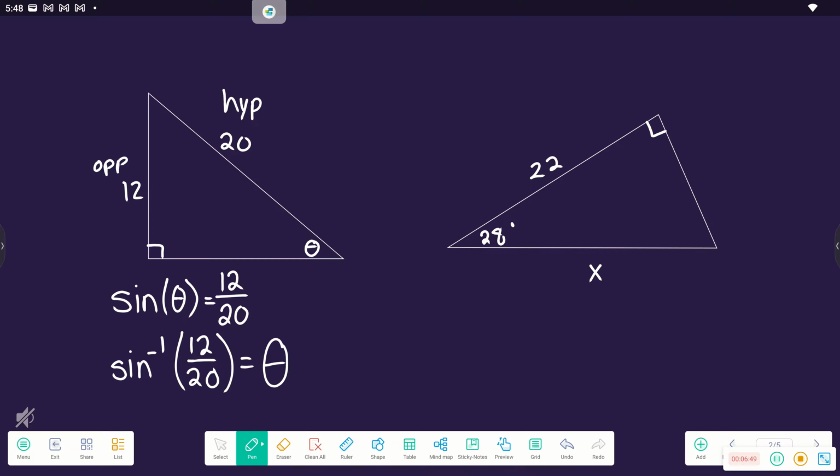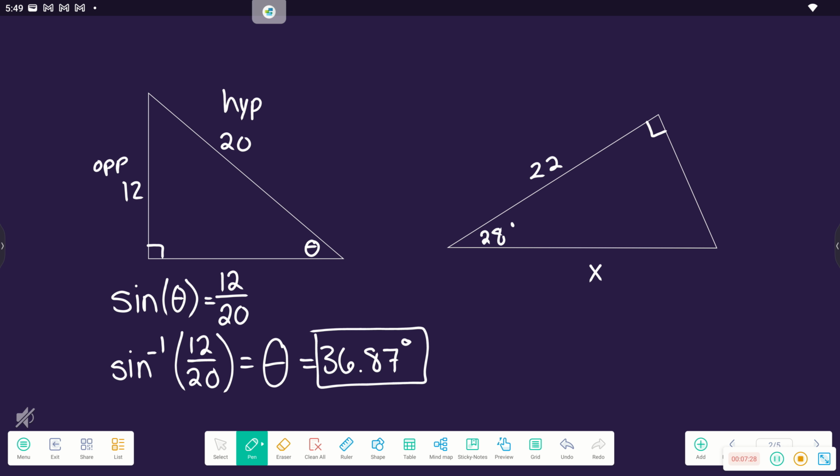So if you find sine on your calculator, you'll see sine inverse is in blue, so you'll have to hit second, and then sine, and then put your fraction, 12 over 20, hit enter, and you will get theta equals 36.87 rounded degrees.